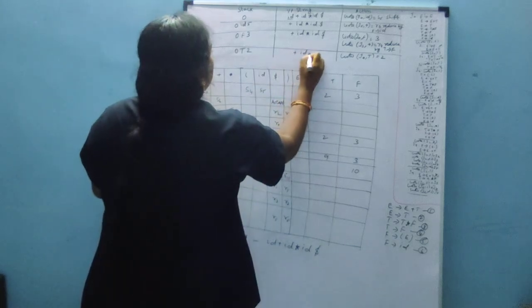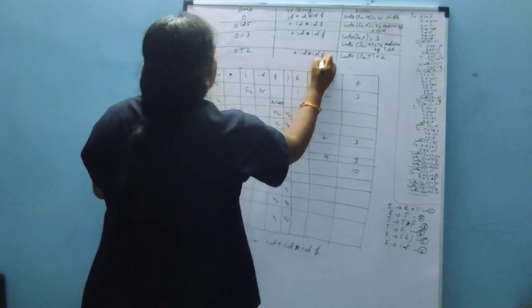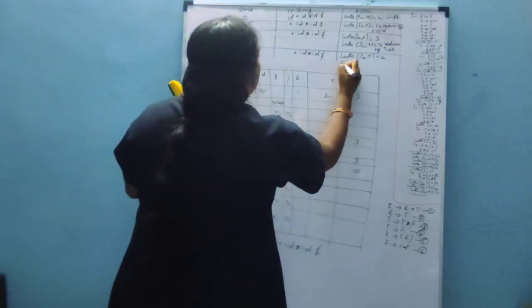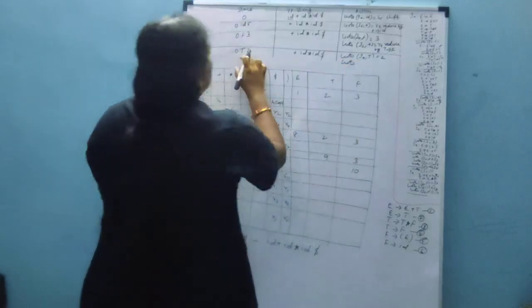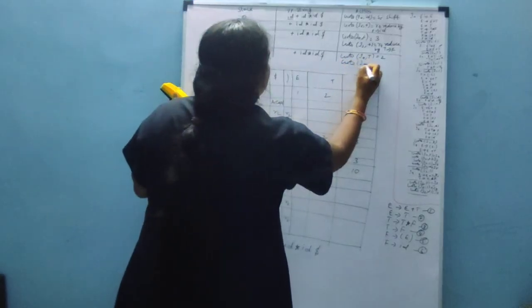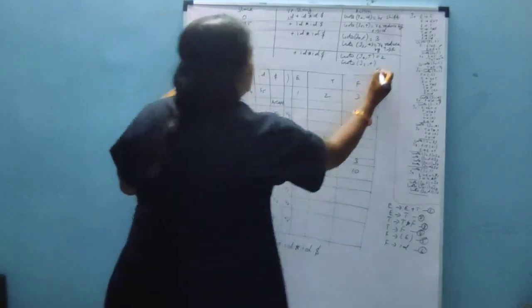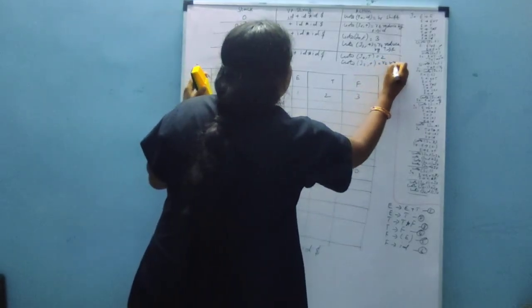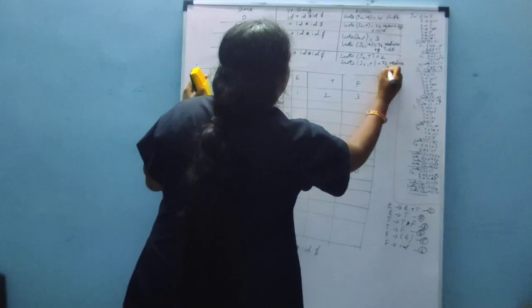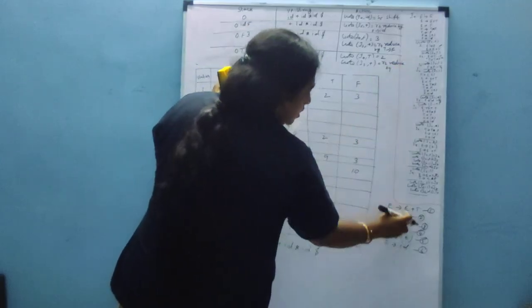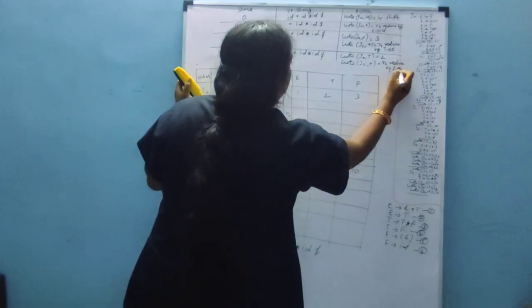Now this input: go to I2 comma plus, I2 comma plus as R2. So reduce by R2 as E tends to T.